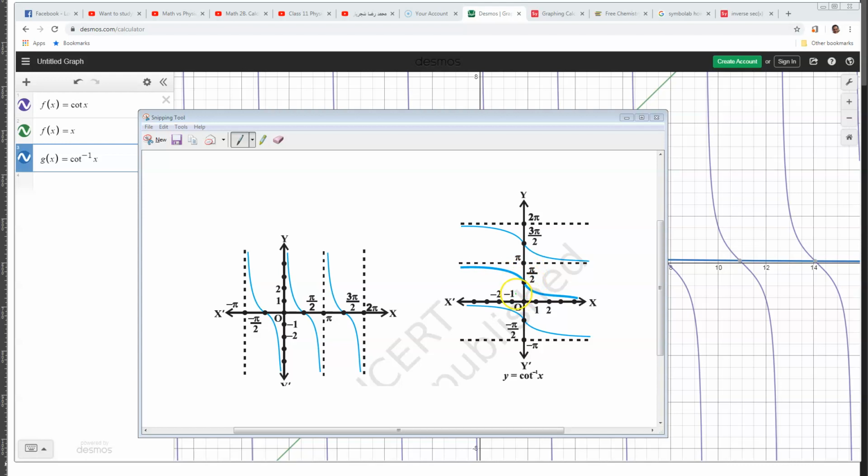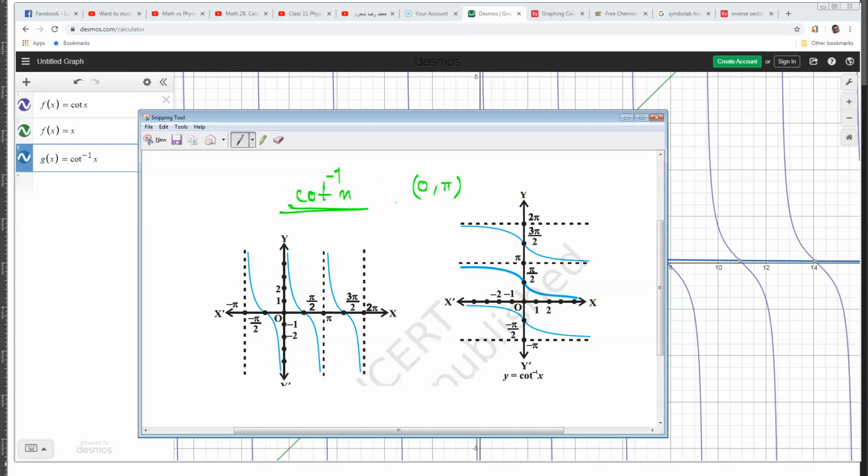I can say that the principal values of cot inverse x are 0 to pi. That's what I think that means.